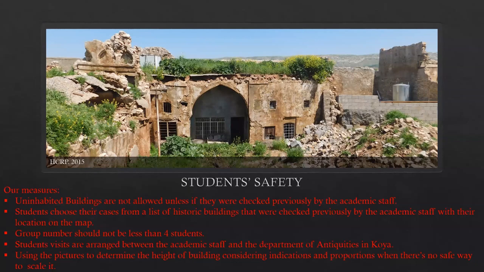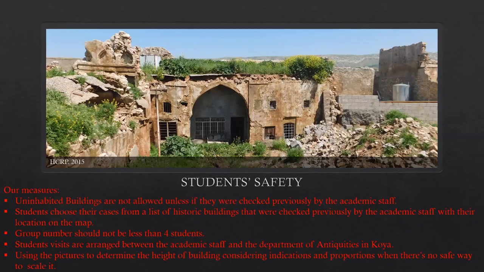Of course, another challenge about student safety, which encourages us to upgrade our methods, is that many students complain about how to measure the height of the building, and sometimes going to the upper floor is not available for them, and it's not safe.